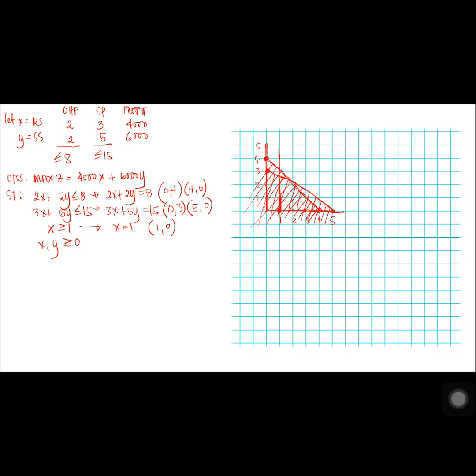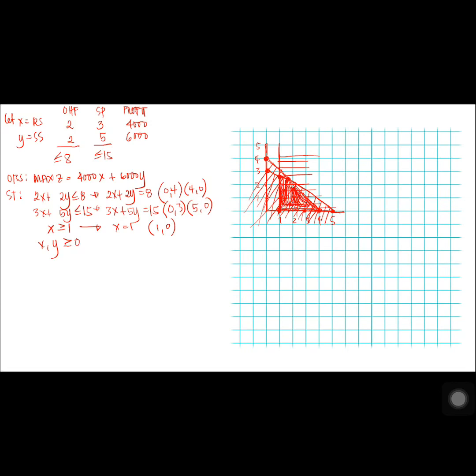Then for the last one, x is greater than or equal to 1. We have it here. This is our shade. So where is our feasible region? This one. This is our feasible region.